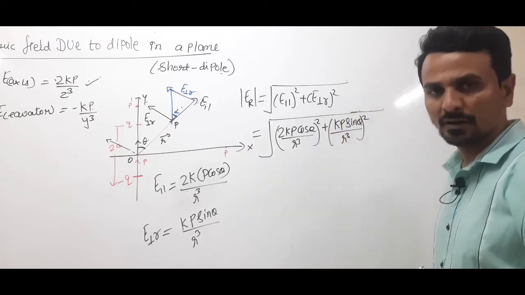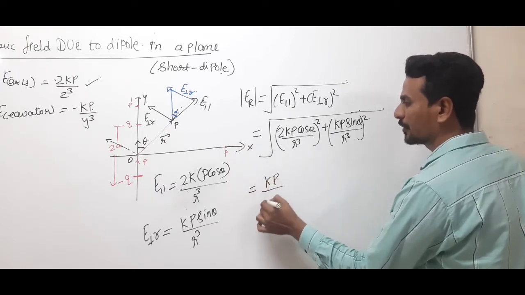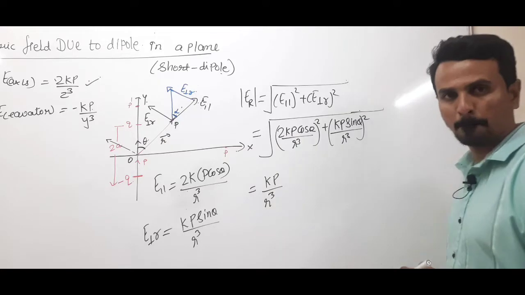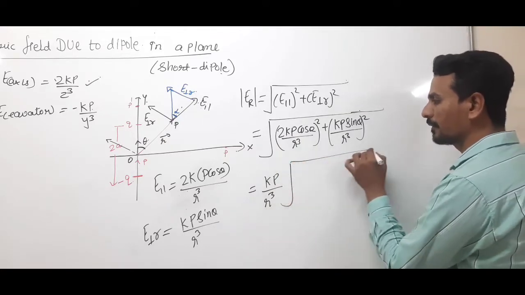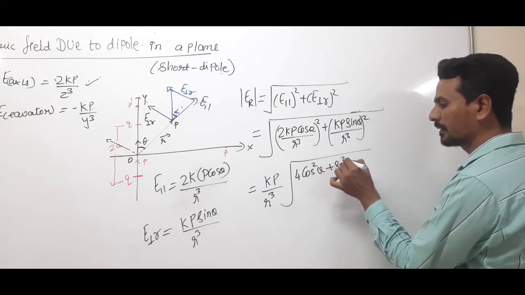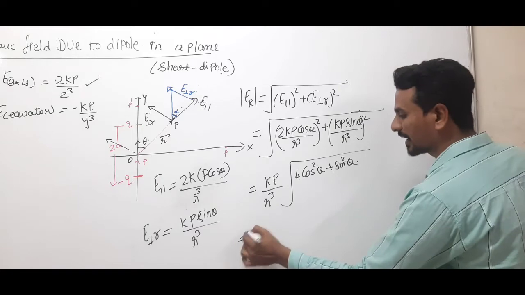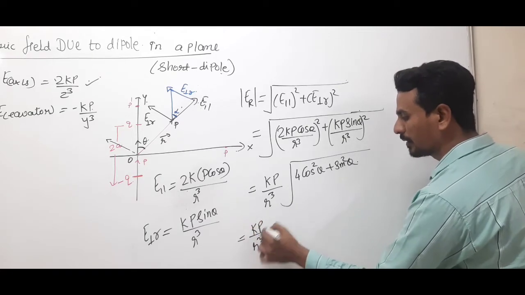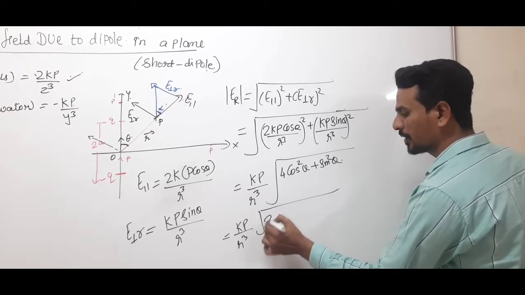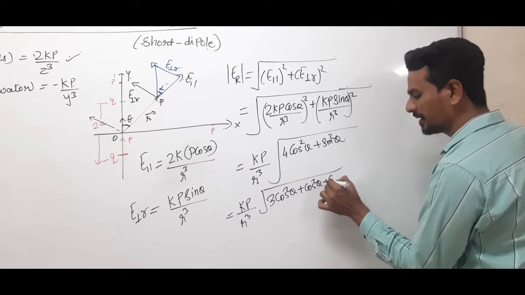Got it, students? So kp by r cube can be taken common. This will be root of 4 cos square theta plus sin square theta. So this will be equal to kp by r cube root of 3 cos square theta plus cos square theta plus sin square theta.